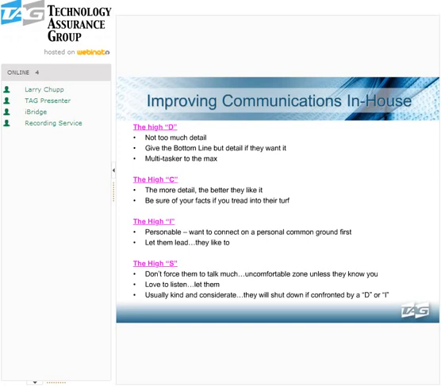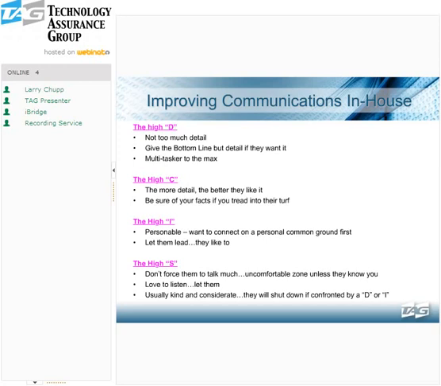The high S, if you noticed, I put Tessa under a little bit of stress a couple of times in the class, and she got kind of sweaty palms, didn't she? Yeah. She didn't really want to talk much because it put her in an uncomfortable zone. So don't expect a high S to jump up and lead something in front of the group. They don't like doing that.